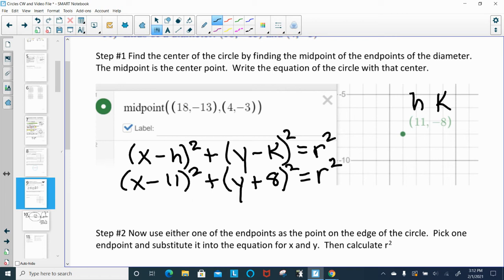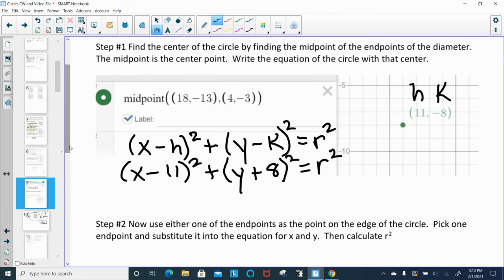So I feel like we've done this recently where we didn't have the r, but we had the center. So now step 2 says use either one of the endpoints. And we're going to treat that as our x and our y. It doesn't matter which one you pick.